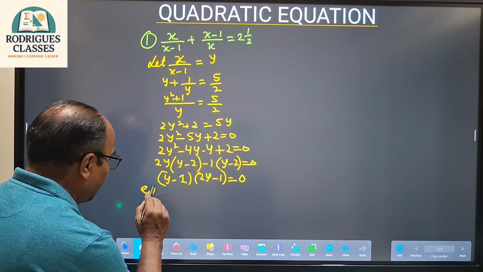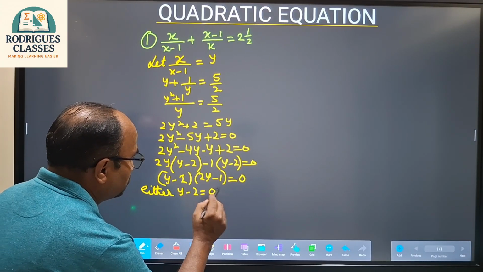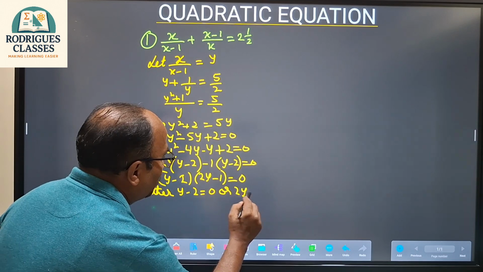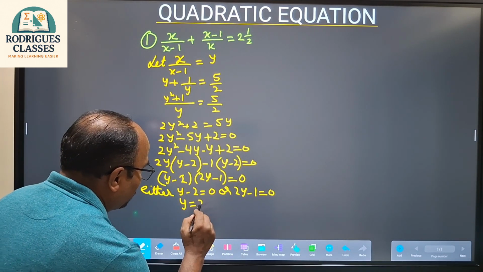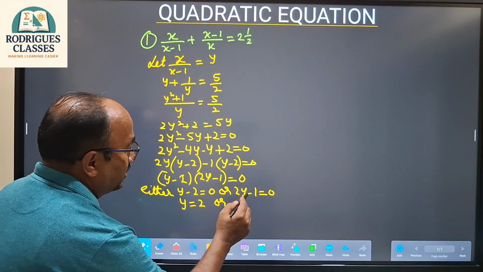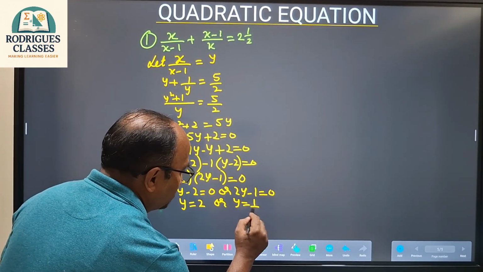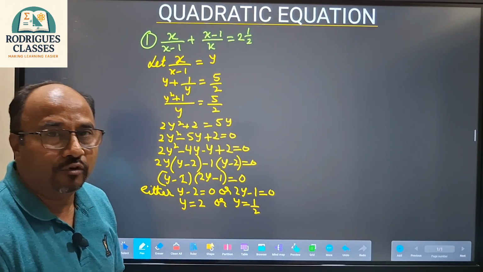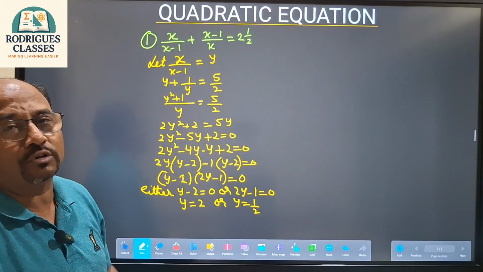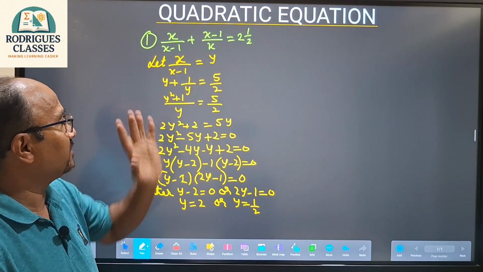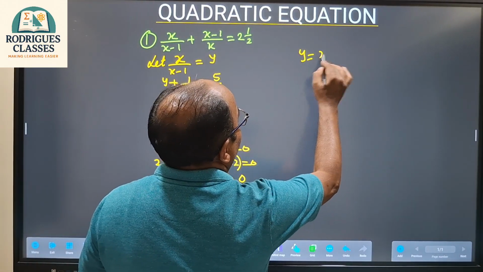So we write either y minus 2 equals to 0 or 2y minus 1 equals to 0. From here you get y equals to 2 and here minus 1 taken to that side becomes plus 1, so y equals to 1 by 2. So you have got the y values as 2 and 1 by 2. But our equation was in x. We had assumed y as x by x minus 1. So we solve first for y equals to 2.